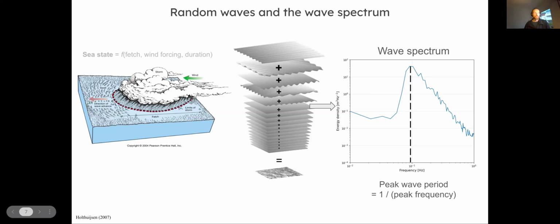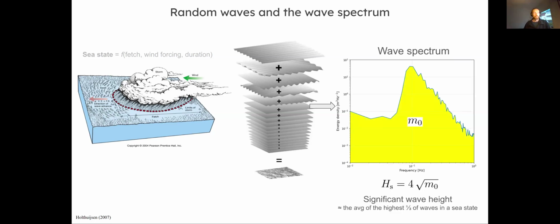And the spectrum can actually give us a lot of information about the sea states. For example, the frequency of the peak energy gives us the period of the most energetic waves. So in this case, the peak frequency is around 0.1 hertz. So that means that the wave period is around 10 seconds, which is a pretty common wave period in the ocean.